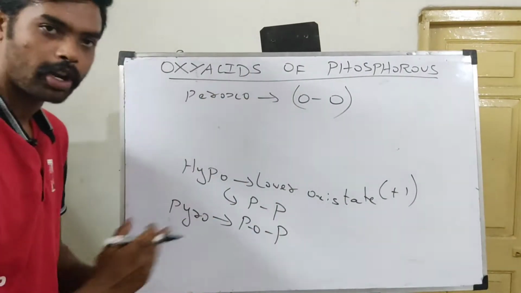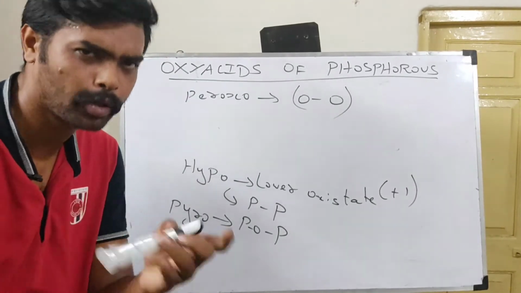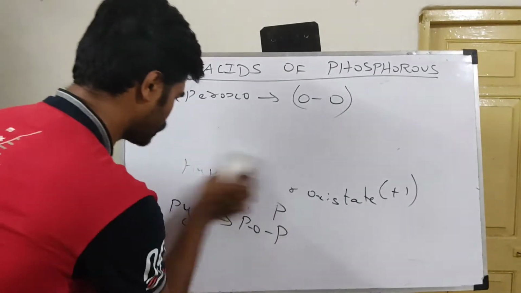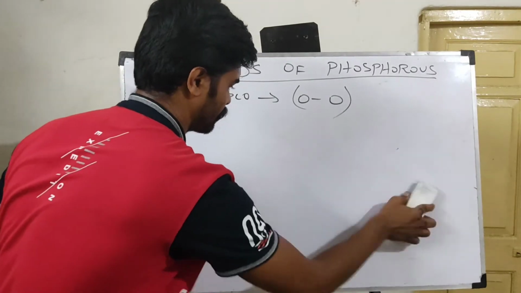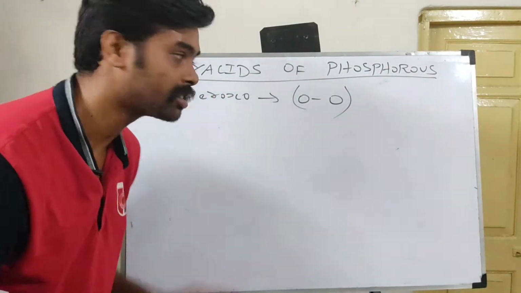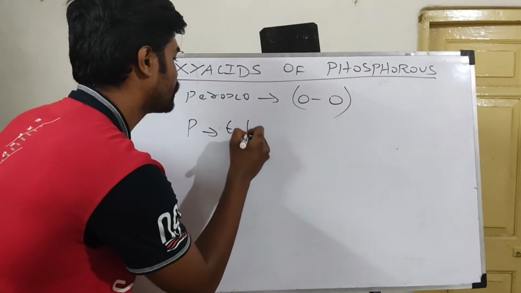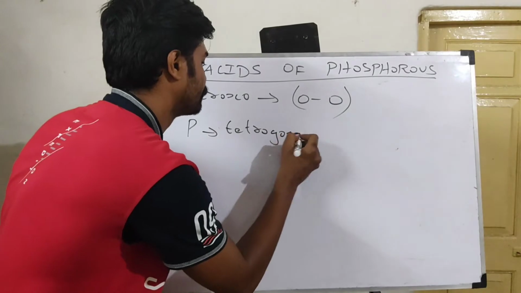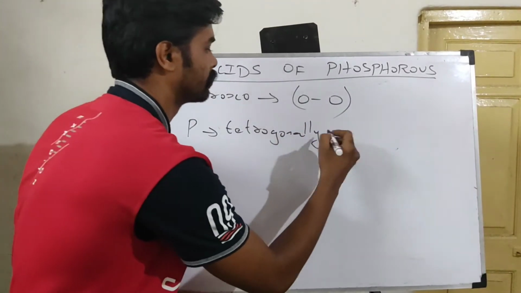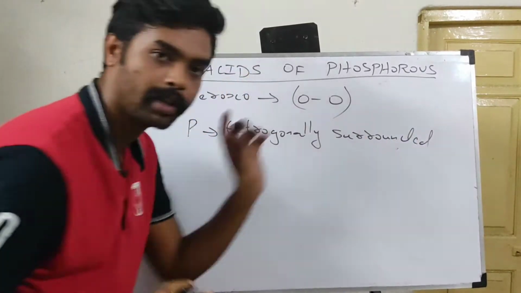So now if you understand all of this, you will be able to easily draw the structure, with few other points. Just one more point. Next, you understand that in all of the oxy acids of phosphorus, you are going to have phosphorus to be tetrahedrally surrounded.